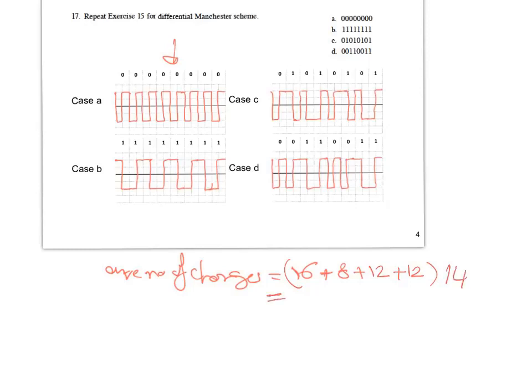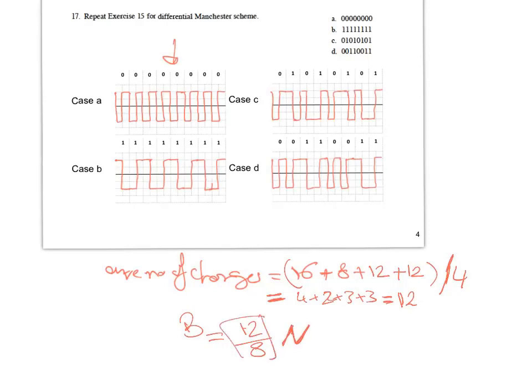So this average number of changes is, so we divide by 4. So this is 4 plus 2 plus 3 plus 3. So this is 12, which means that the bandwidth is 12 over 8 bits times n.